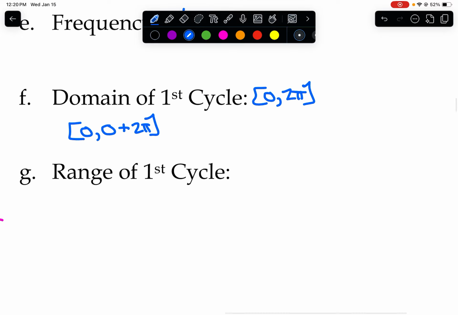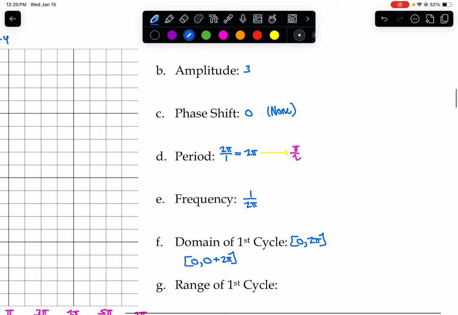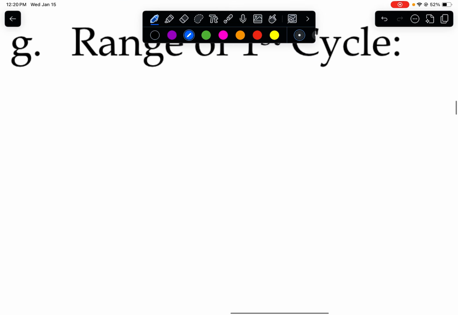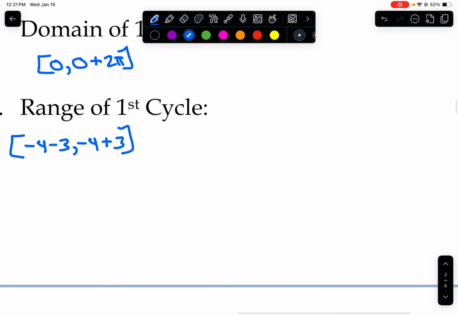All right, and then for the range, once again, I'm going to do the midline minus and midline plus the amplitude. So negative 4 minus 3, and then negative 4 plus 3. So what that tells us is we're going to have a range of -7 to -1.